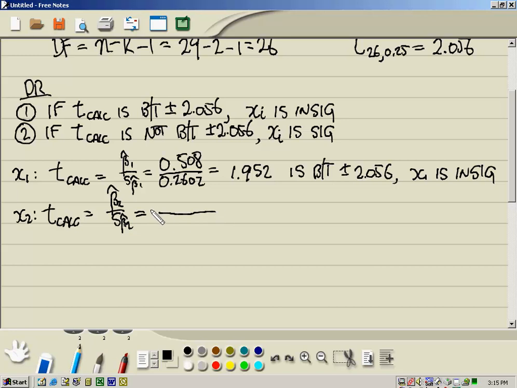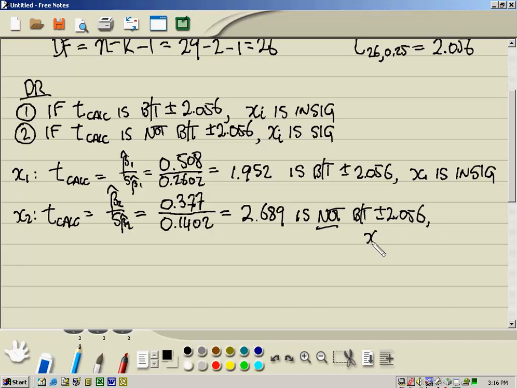Beta hat 2 is 0.377 divided by the standard error, 0.1402, and that works out to be 2.689, which is not between the critical values of plus or minus 2.056, so our value is far enough away from 0 that the x2 variable is significant.